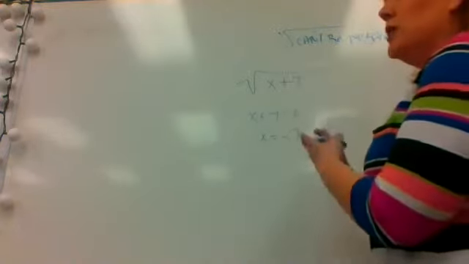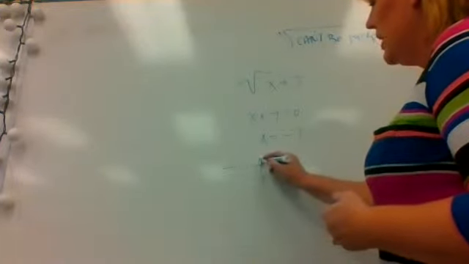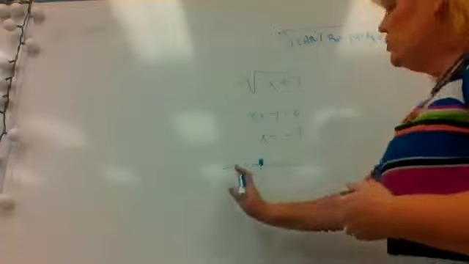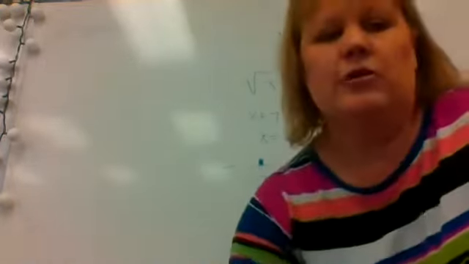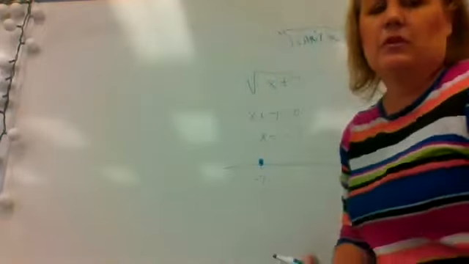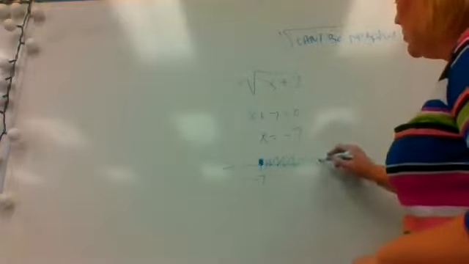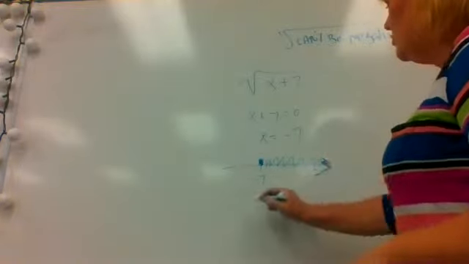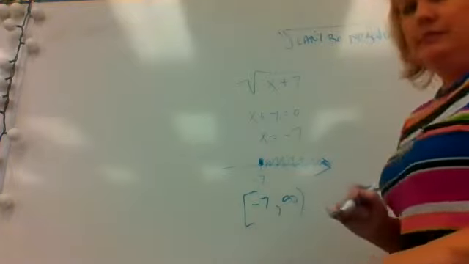That's the smallest number you can possibly use. You can use -7, so you color its dot in. You can't use anything back here. So make sure y'all can see what I'm doing. So this part of the number line you can use. So your domain is everything from -7 to positive infinity.